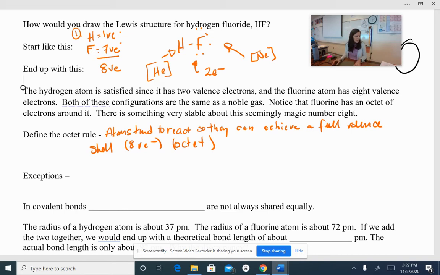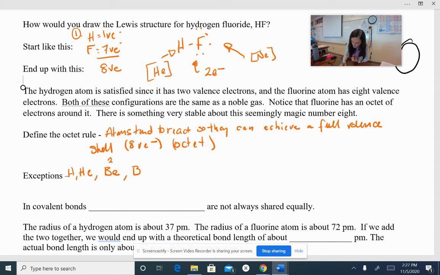Okay, there are exceptions. Now, our exceptions, of course, are hydrogen and helium, and beryllium only has 2 electrons that it can share, and boron only has 3 electrons it can share.